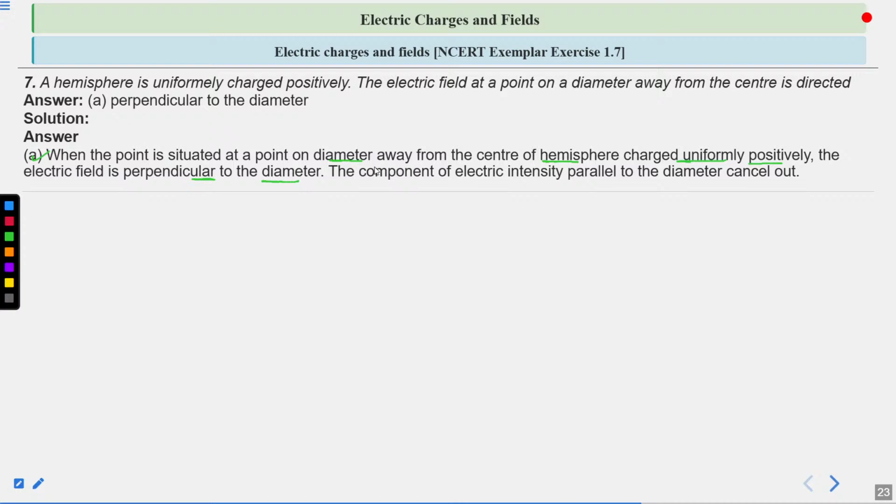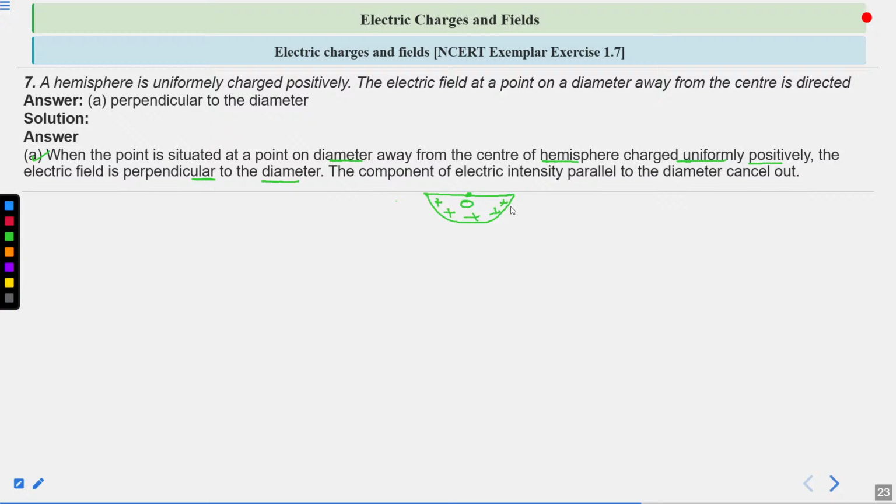It means what? So suppose we have a hemisphere. Listen carefully. We have a uniformly positively charged hemisphere. Look at this one. Positively charged hemisphere. Yes or no? And this one is the center O. Now, the question asked about the direction of the electric field.